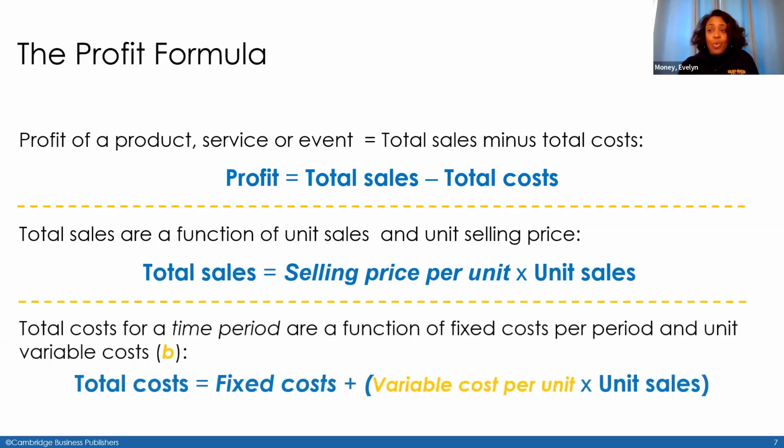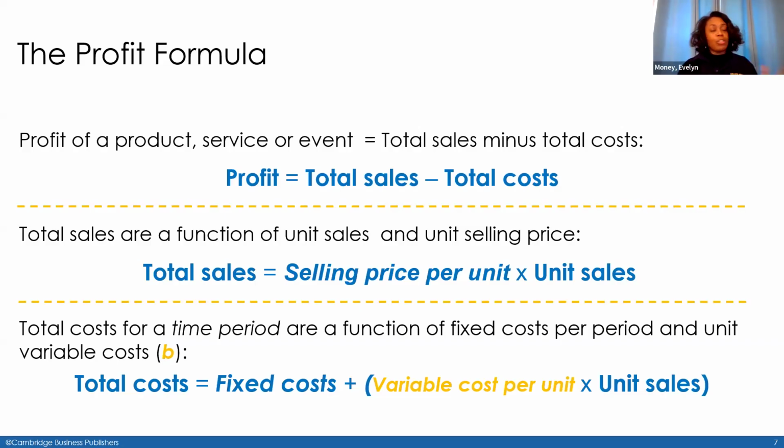And then with total costs, we know that total costs can be broken down in terms of a fixed component and a variable component. Remember, y equals mx plus b, where y is our total cost, m is our slope, x is our level of activity, and b is our constant or our fixed cost. Well, that still applies here. So we can expand the cost portion of our profit formula, and we'll have fixed costs plus our variable cost per unit.